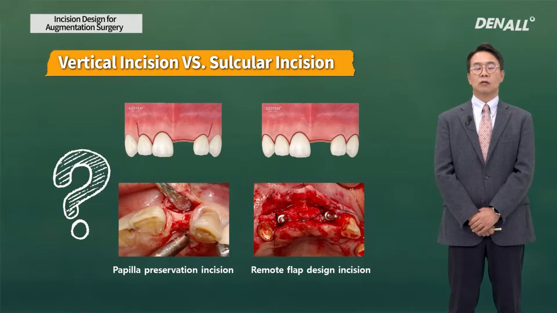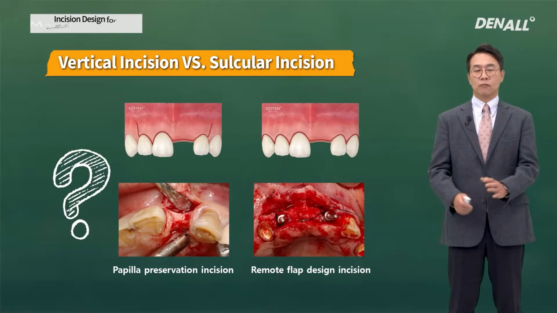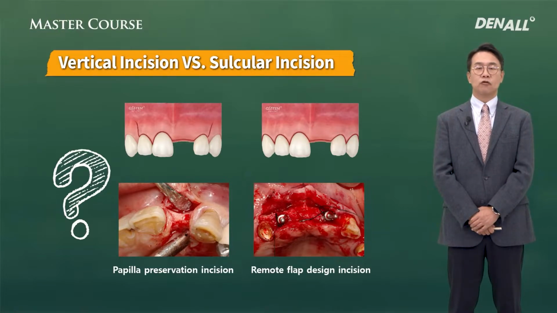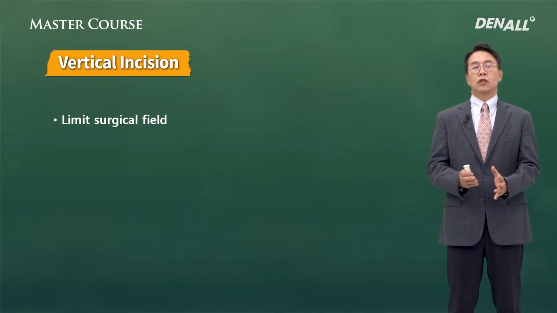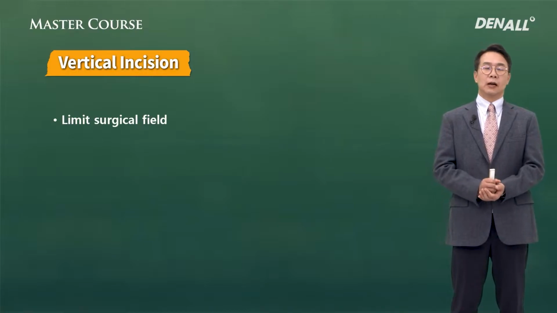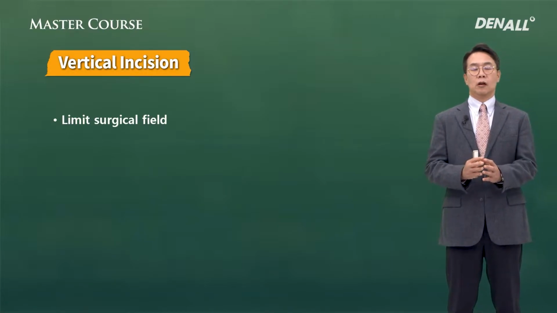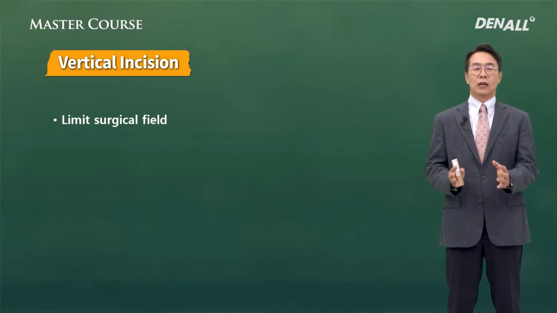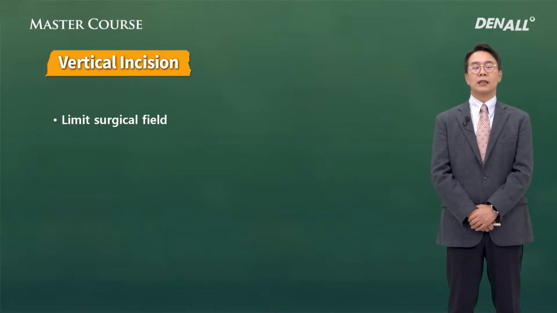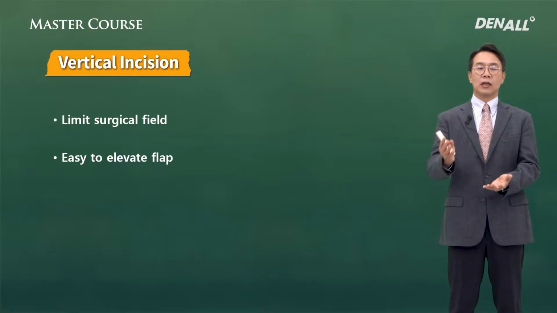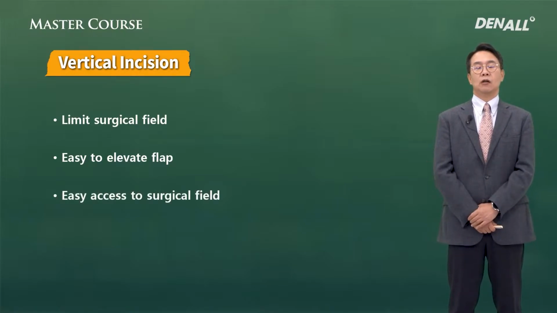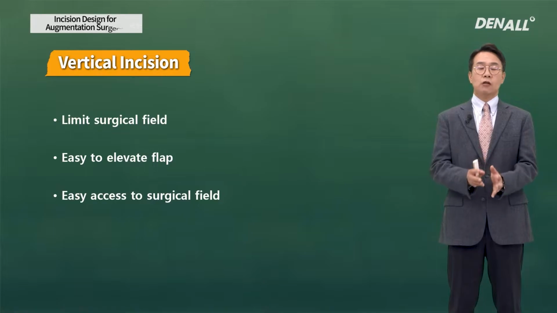So using vertical incisions, we can limit the surgical field from other areas. The advantages of vertical incisions: it can limit a surgical field. So the surgical field doesn't have to be wide, and it makes it easy to elevate a flap.